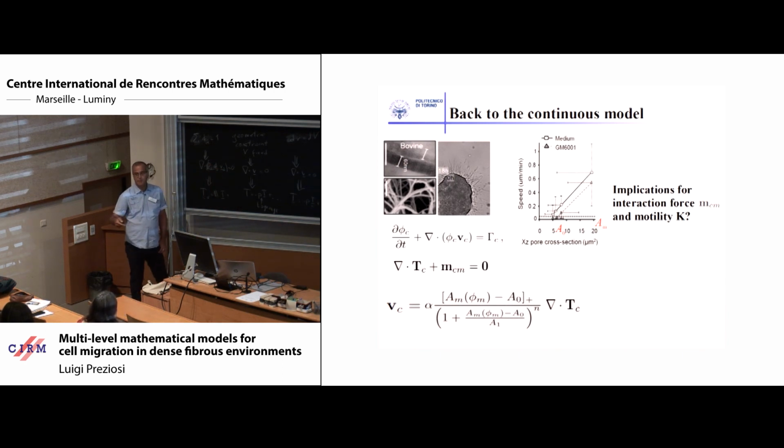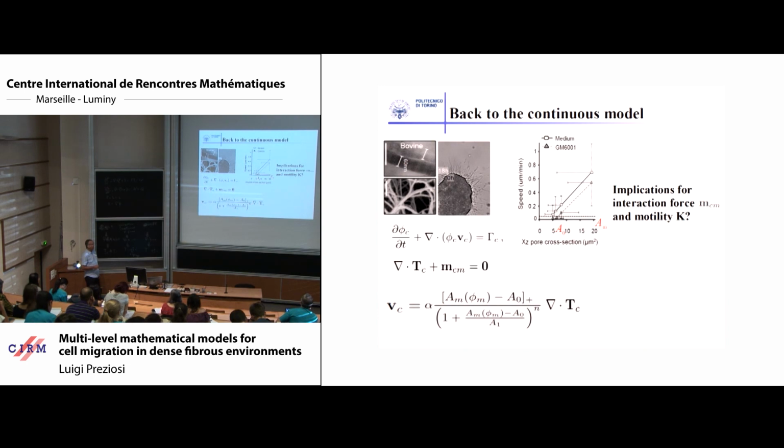It has this bell shape. So there might be a denominator here with a power n, which is probably greater than 1, so that you have a biphasic behavior. So this is your closure. It's what we have learned from the experiments that tells you that the permeability is not just a constant, but has to do with some quantities that are measured at the microscale.